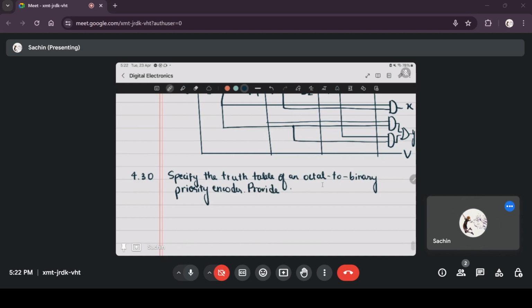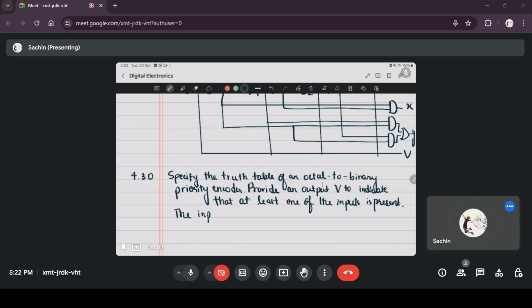Provide an output V to indicate that at least one of the inputs is present.